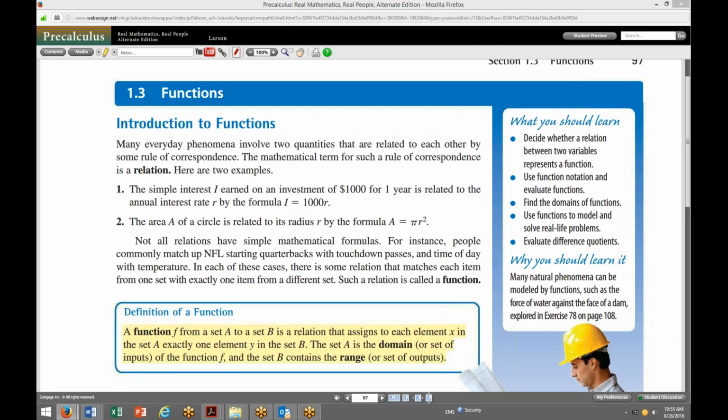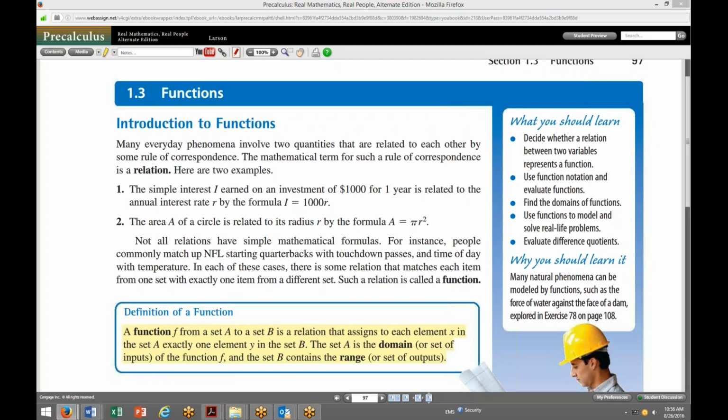And specifically with a function, there is a very strict limitation, in that for every single value of x, there can be only one value of y. Let me say that again. For every value of x, there must be one and only one value of y that matches with that particular x value.